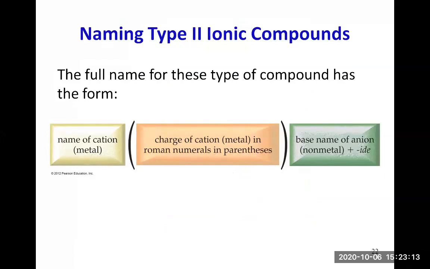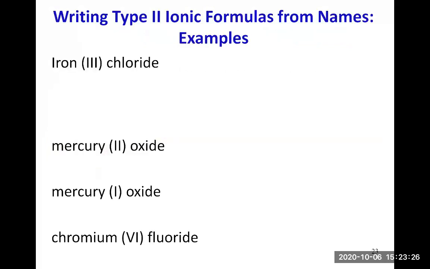So it's very similar to the type 1 ionic compound. The only difference is that you need to add the charge in Roman numerals in parentheses after the name of the metal.